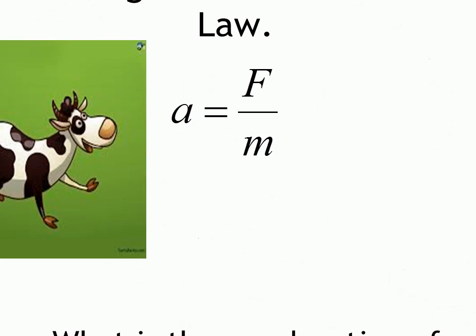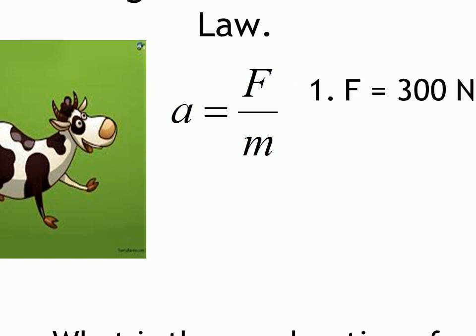Alright, so let's do a little bit of calculating. Let's read the problem. What is the acceleration of a 15 kilogram cow when it's pushed by a force of 300 newtons? All you have to do is plug and play. First, you have to find the force.